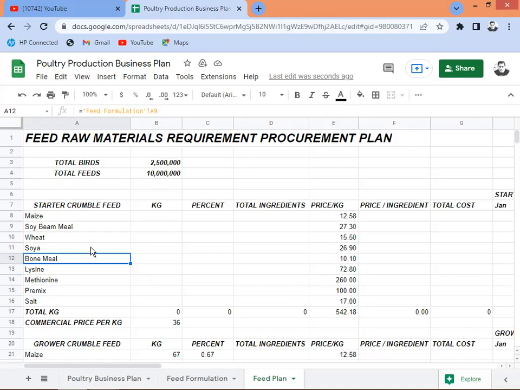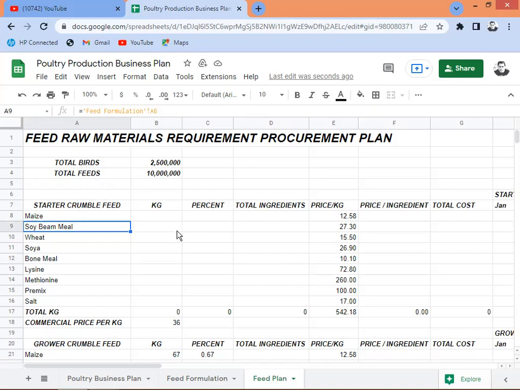You can actually get your own feed formulation by having your own nutritionist or by doing your own research and product development program. Most likely you're gonna hire a nutritionist to formulate your own feed formulation.